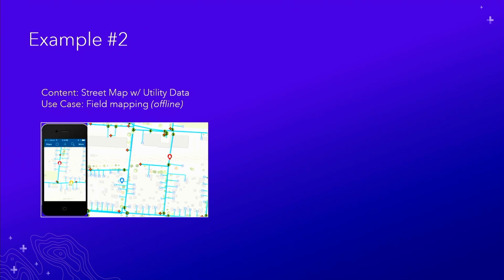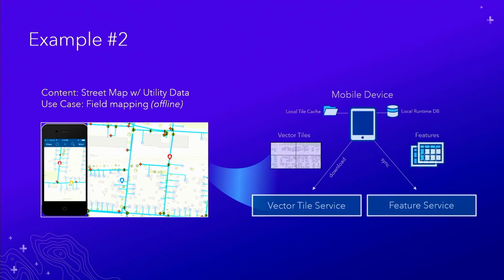So to support this type of use, we would probably be looking at getting that street map onto the device as a vector tile base map, probably stored in a local tile cache on the device, maybe even side-loaded when the device is provisioned. And then on top of that, we'd be rendering the utility data as features that we would be getting from a feature service. And we'd be able to leverage the offline sync capability of the feature service to bring that data down to the client.